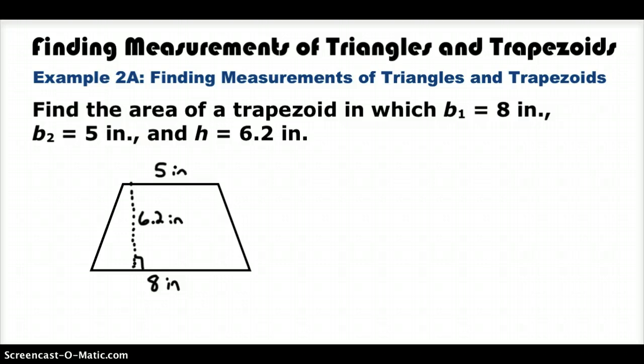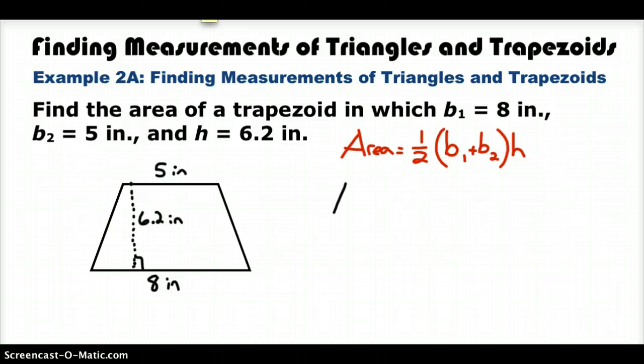So the area of this is going to be pretty simple. Remember, we just found that the area of a trapezoid is equal to 1/2 times the sum of the bases times the height. So all I'm going to do is plug in the numbers that I know. The area is equal to 1/2 multiplied by our base 1 of 8 inches plus our base 2 of 5 inches, multiplied by our height, which is 6.2.